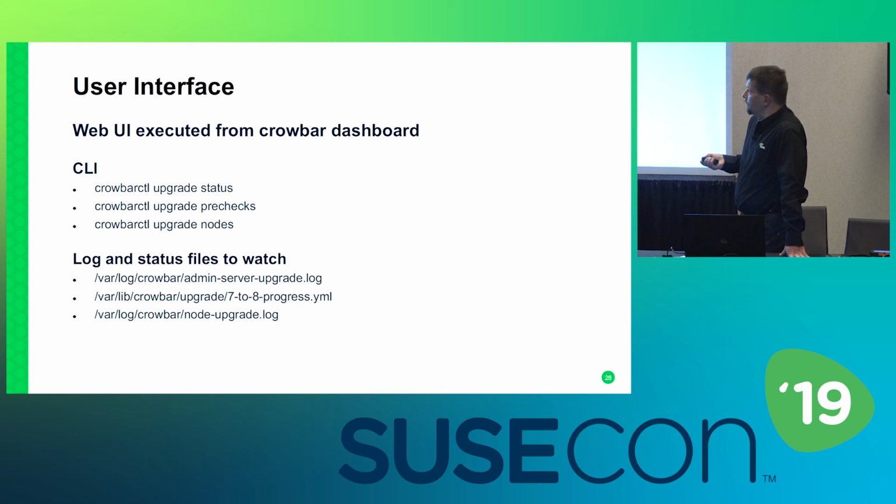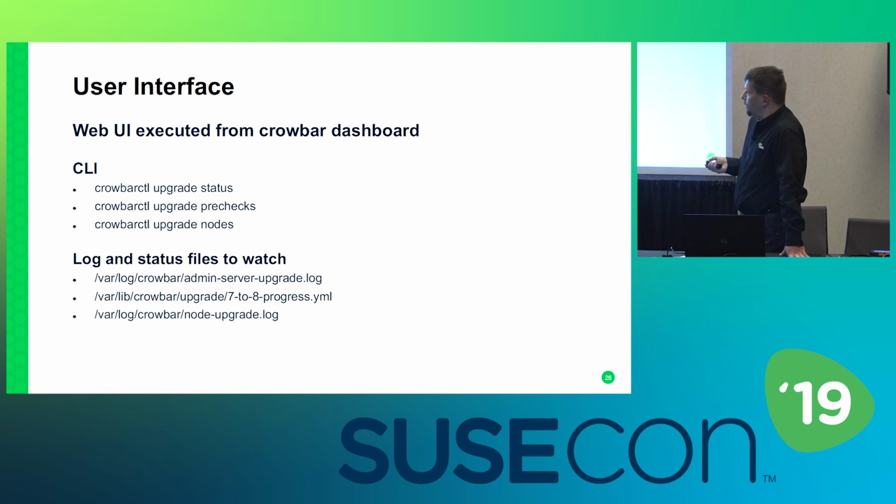So it's not just 3 steps. There are like 7 steps or so. Nodes is the last one. That's the last step that basically cares about upgrading all the cloud nodes. Oh yeah, some more information. Everything is logged.